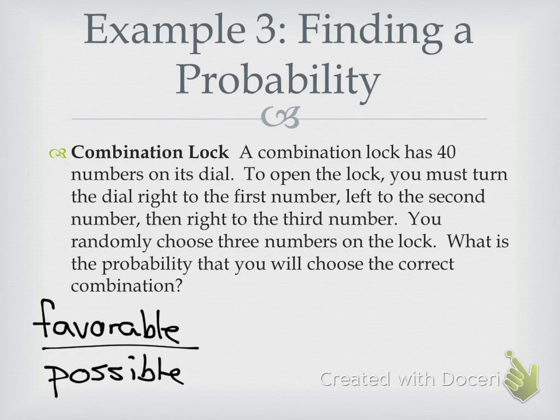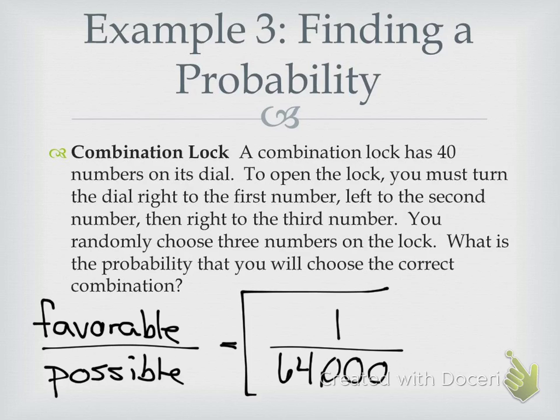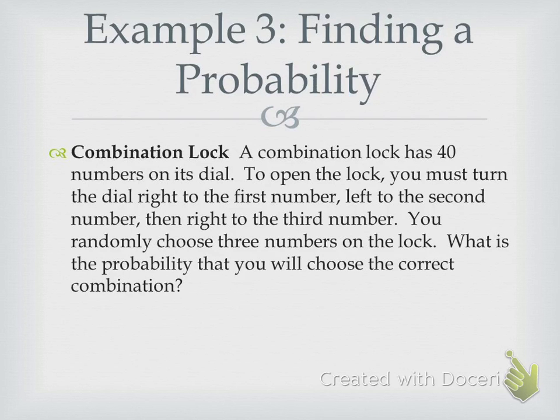Well, I know possible is 64,000. How many combinations are going to open that lock, though? 1. That's my answer. Favorable over possible, only 1 out of 64,000. You're going to be there a long time if you're guessing, aren't you? So that's not very good odds. All right, if you understand that, I believe that is everything you need to know for 6.8.